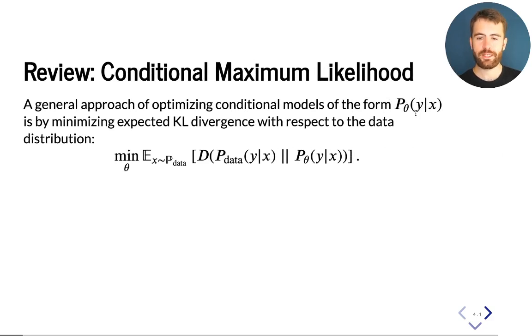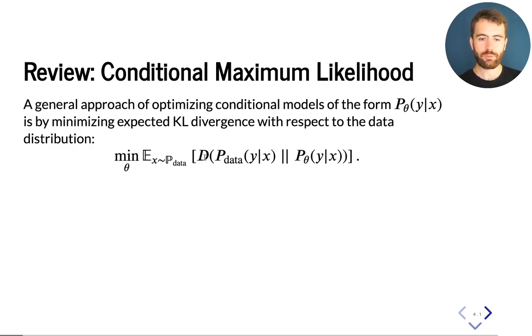And so in many cases, if we're only interested in supervised learning, we can fit models of this form, and we can use a training objective for models of this form directly. In that case, the objective that we would normally want to use is the following, an objective from which we can derive the principle of conditional maximum likelihood.